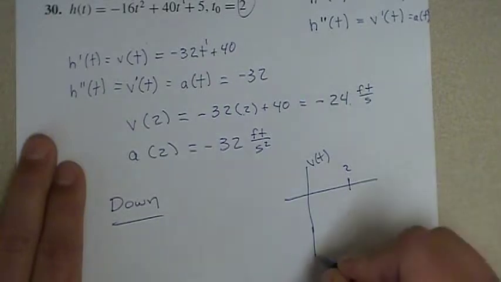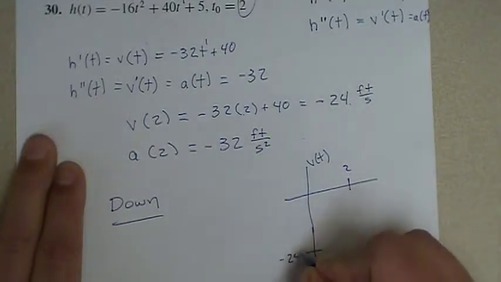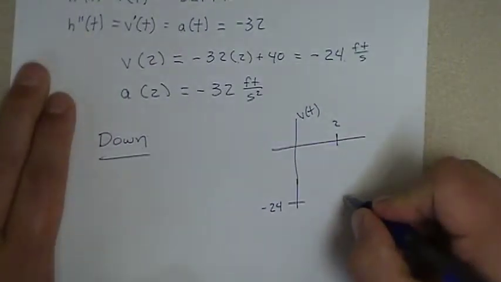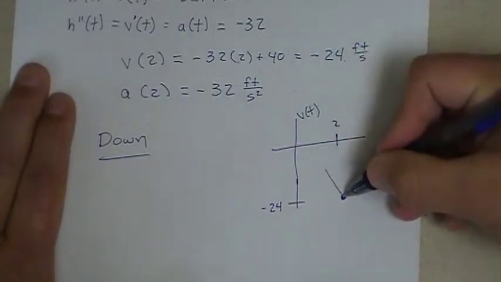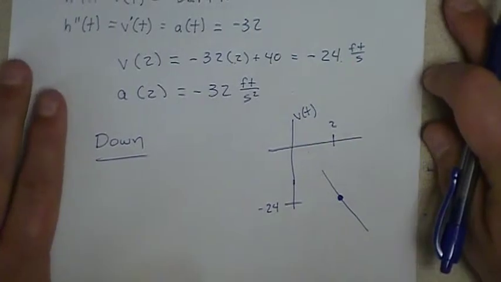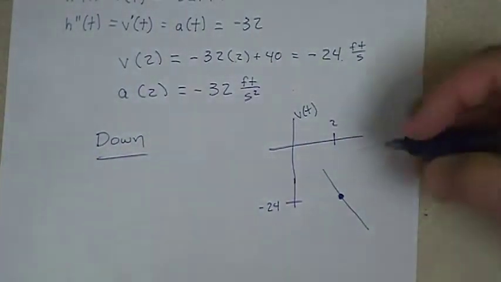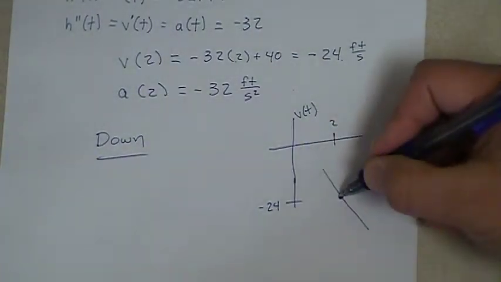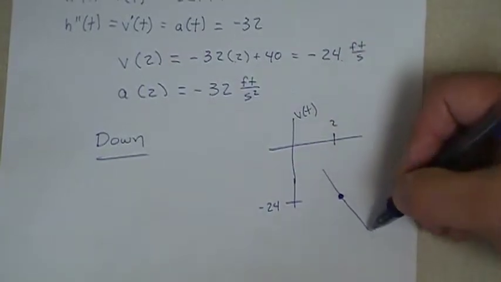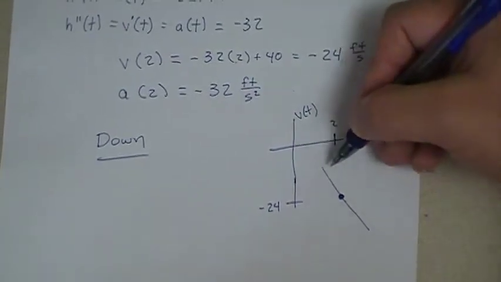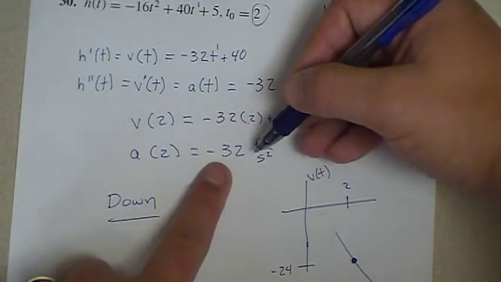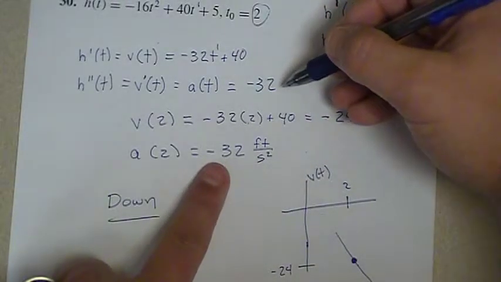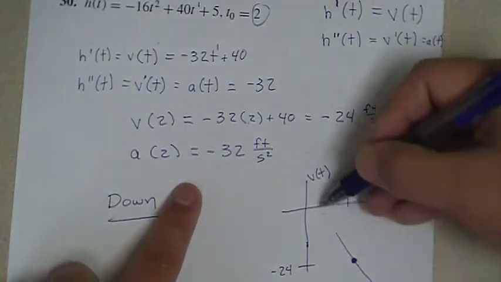So I'm just going to come down to negative 24 on my v-axis, put a point there, and draw something that's linear. At this point, I know my velocity is negative 24, and the slope of that velocity function is negative. We kind of knew that based on this: the derivative of velocity was negative 32, so the slope of this line is negative 32.